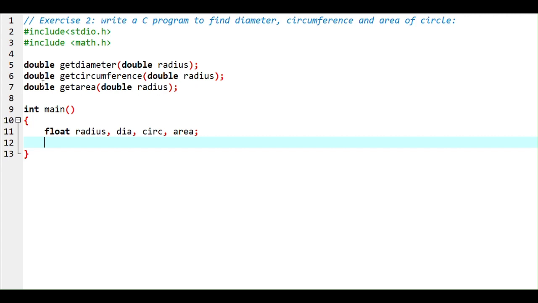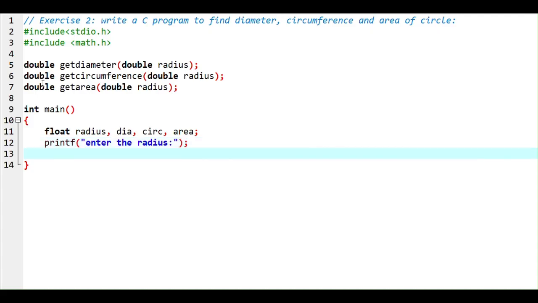Now let's tell the user to give me a value of the radius. Printf, enter the radius, scanf, %f because it's a float, and the radius.